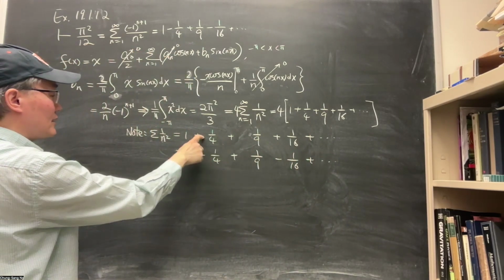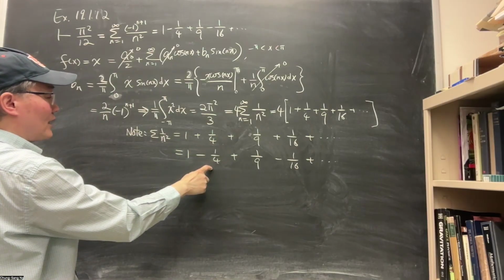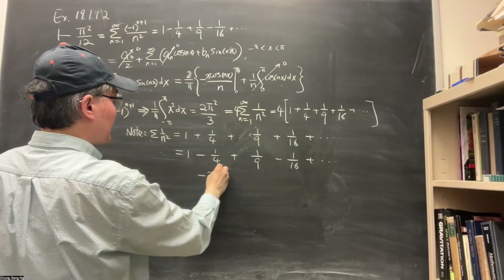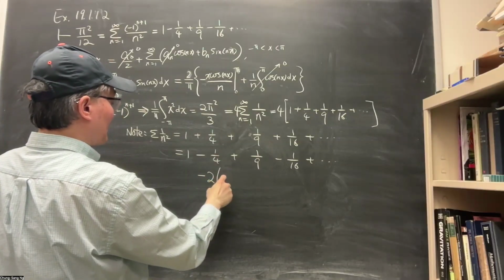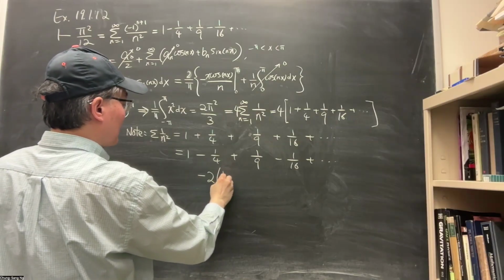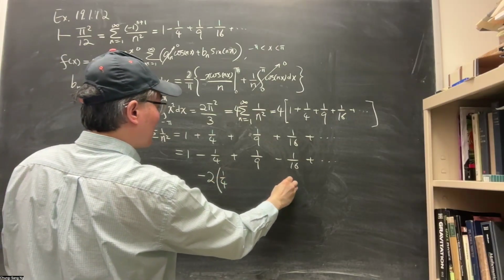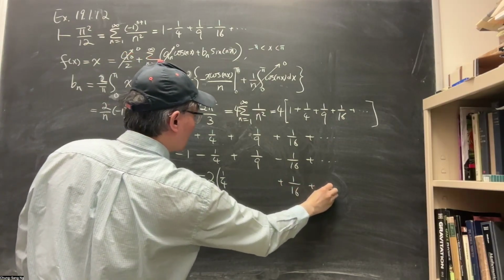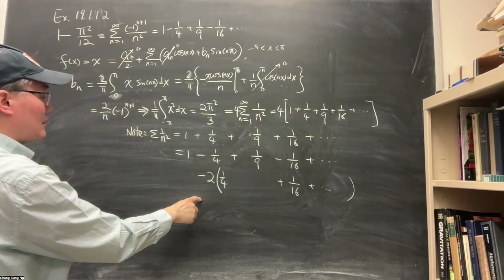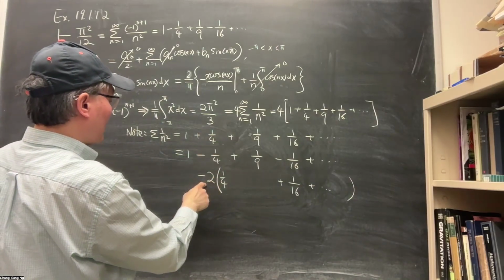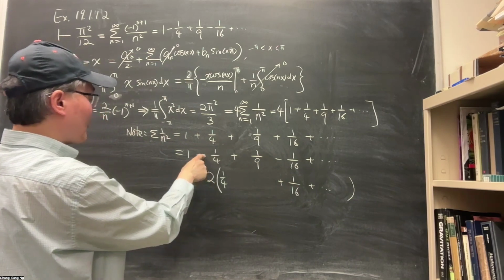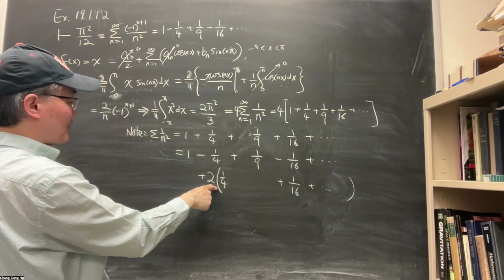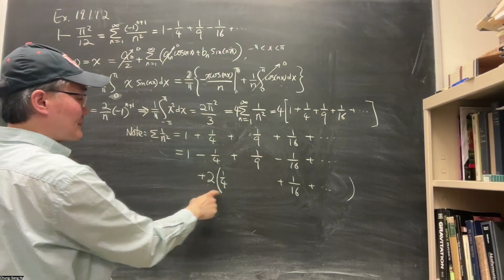You want this one, but you change to this by adding 2 times the even terms, 1/4 plus 1/16 and so on. This is plus because you want to make them negative, so you add 2 of that, and 2 of that minus this gives you back this.